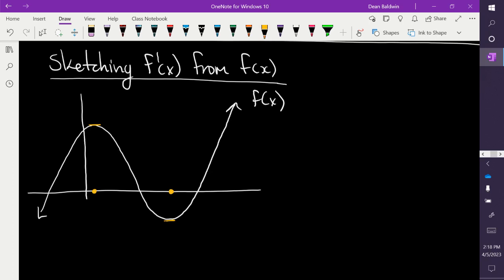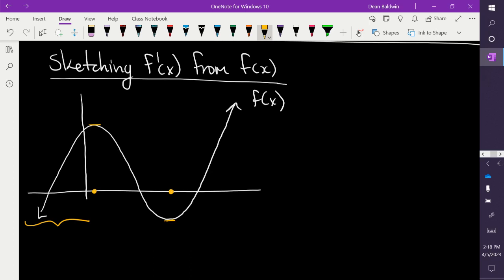Now, you break the graph into quadrants. So we're going to look at this bit of the graph here. What is the slope of this graph? Now, I don't care about the number. All I care about is the slope, positive or negative. Slope on this part of the graph is positive, right? If you're rising from the left to the right, that's a positive slope.